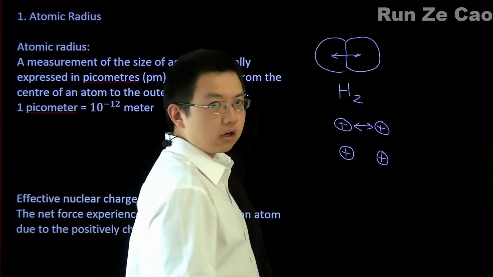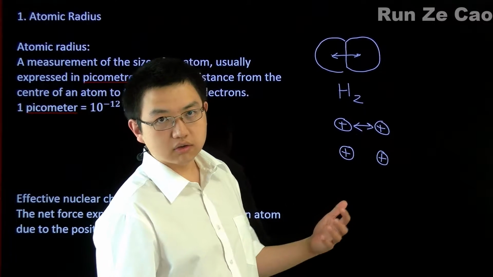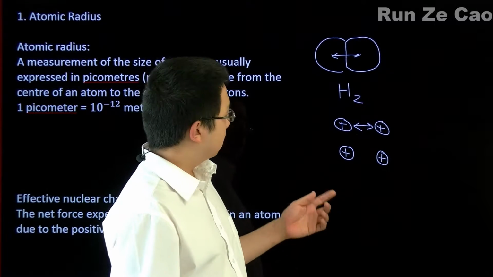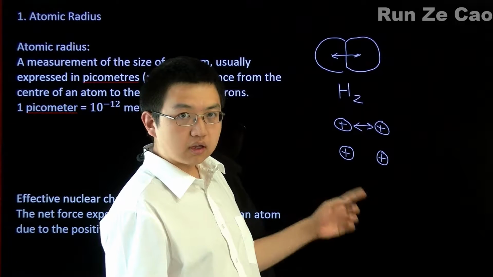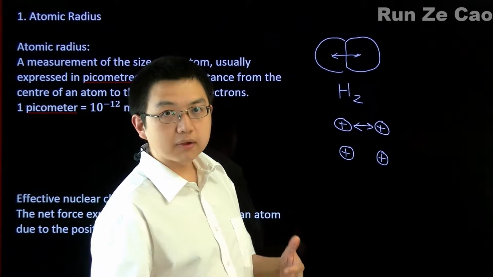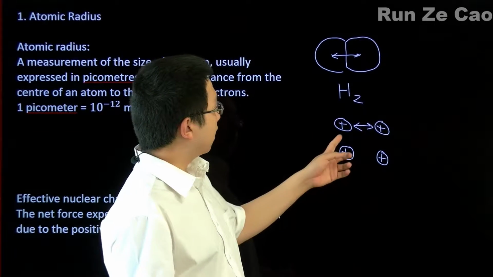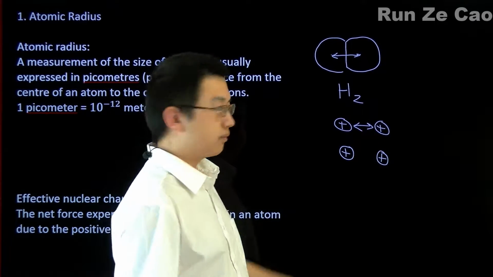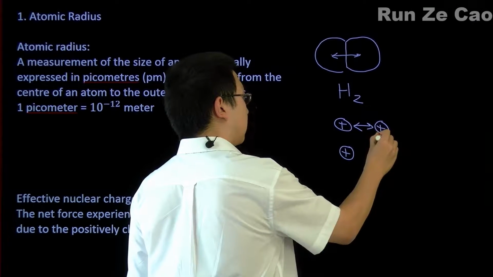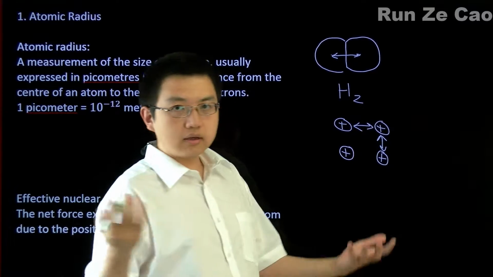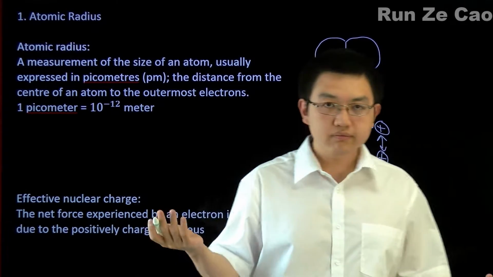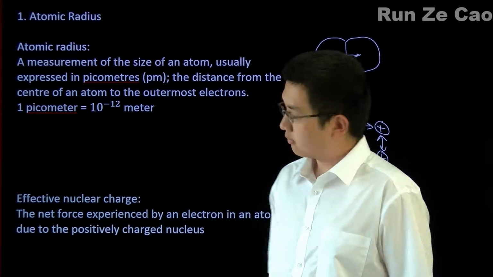And if we know how far apart they are, and what the crystal structure of the metal is, if it's this type, it's a certain formula. If it's another type, it's another formula. So the point is, you find out how far this is, and so on, and you divide that by half to get the atomic radius.